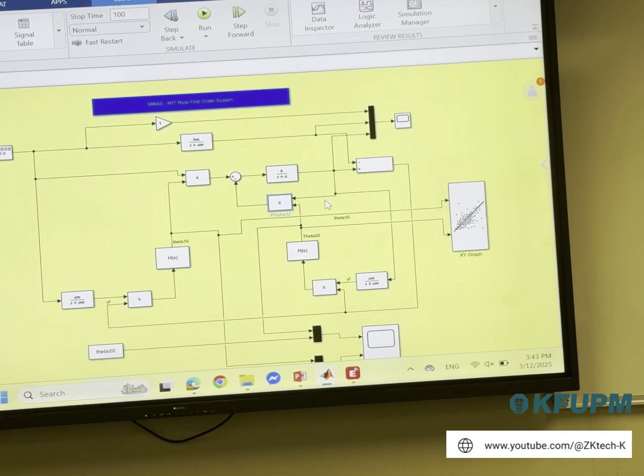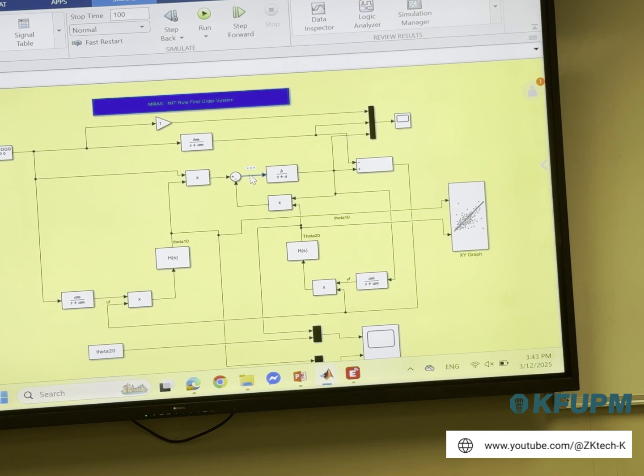Then theta 2 will multiply y, and it comes in negative in the feedback here. So this is, for me, u. Everybody's okay with this? And the rest I will talk to you about later.